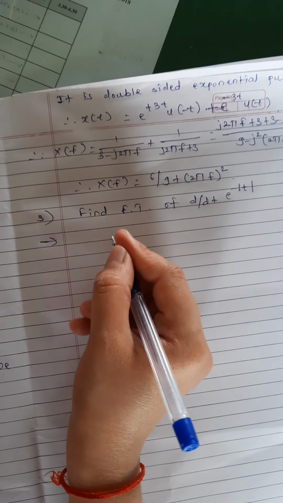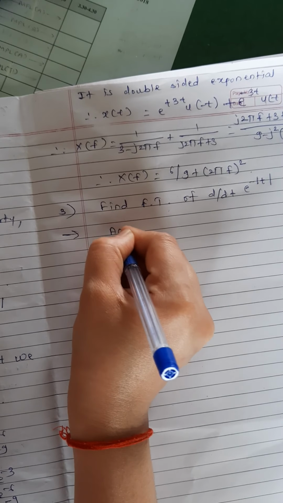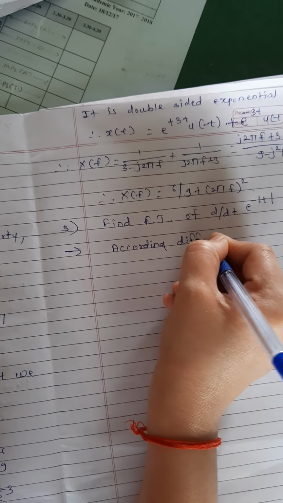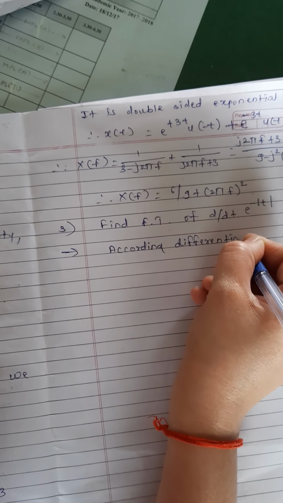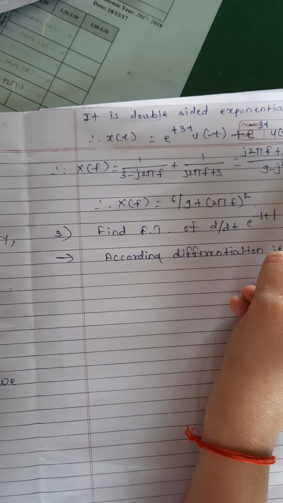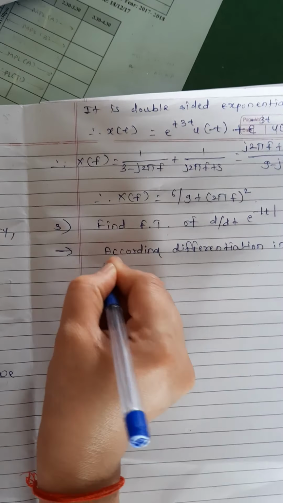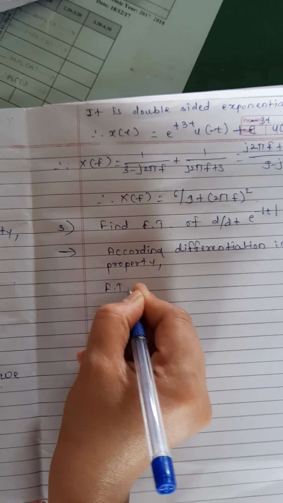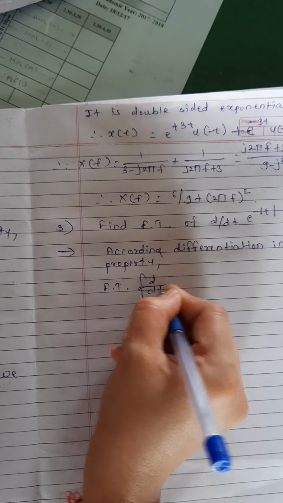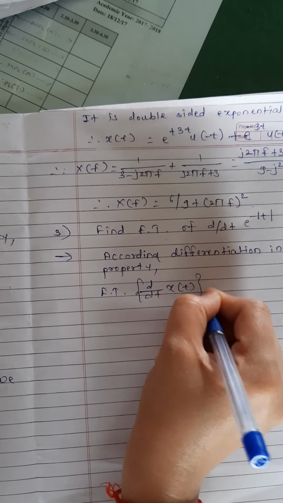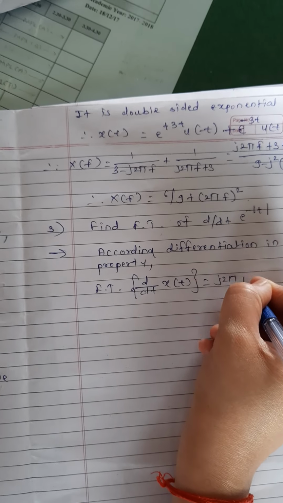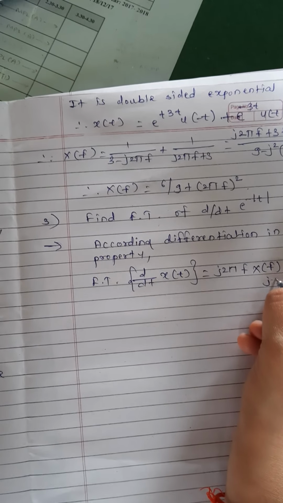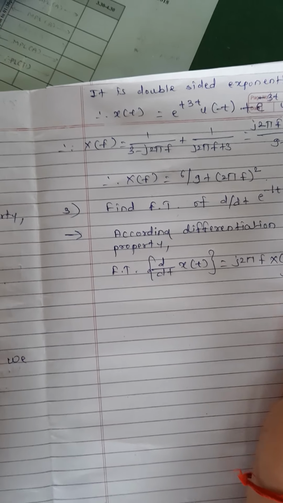So according to the differentiation in time property, the Fourier transform of d by dt of x of t is equal to j2 pi f x of f, or we can say j omega x of omega.